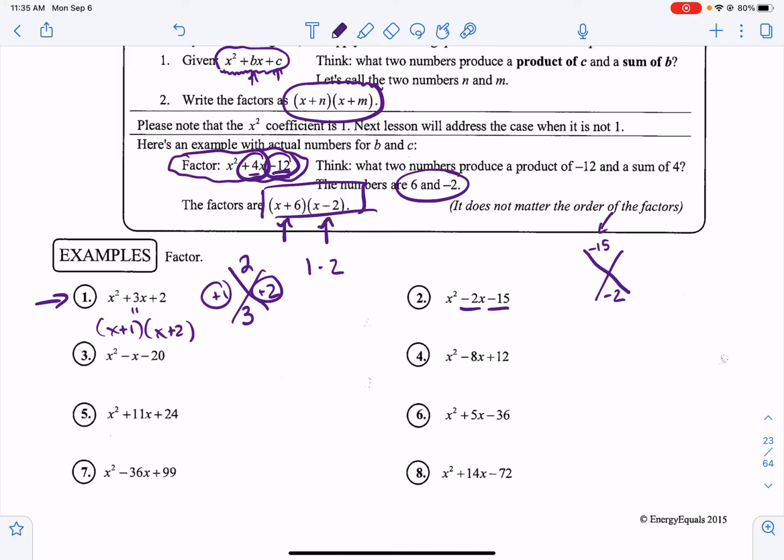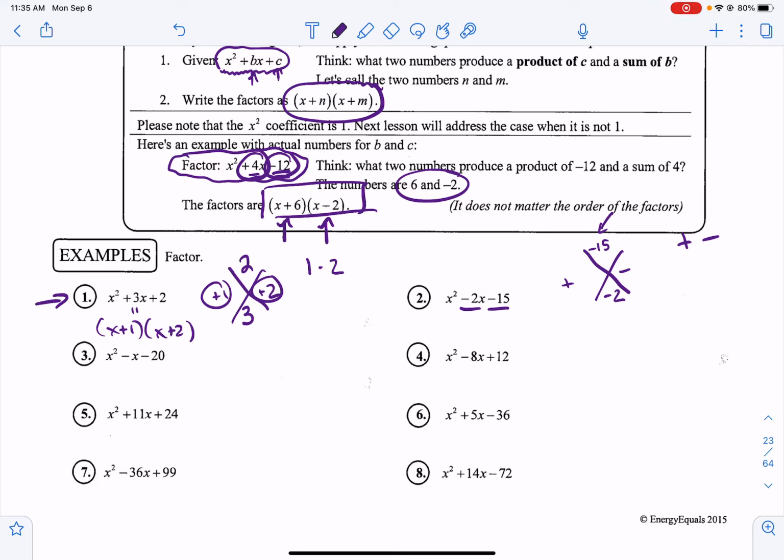Well, that only happens if I have a positive and a negative number. They both can't be positive. So I know that one of my numbers is going to be a positive number and one of them is going to be a negative number. Now that's going to help me when I start trying to add these together.